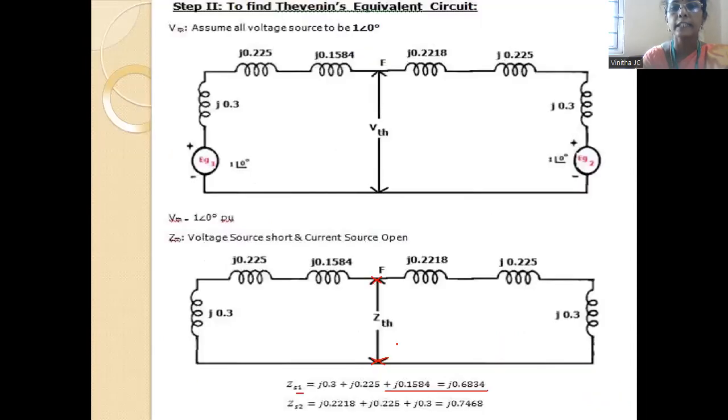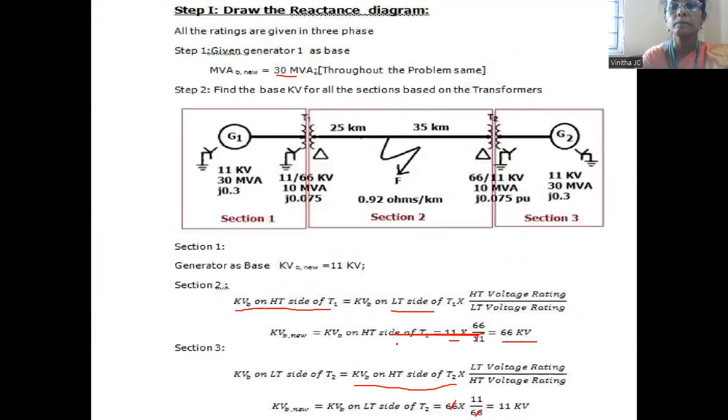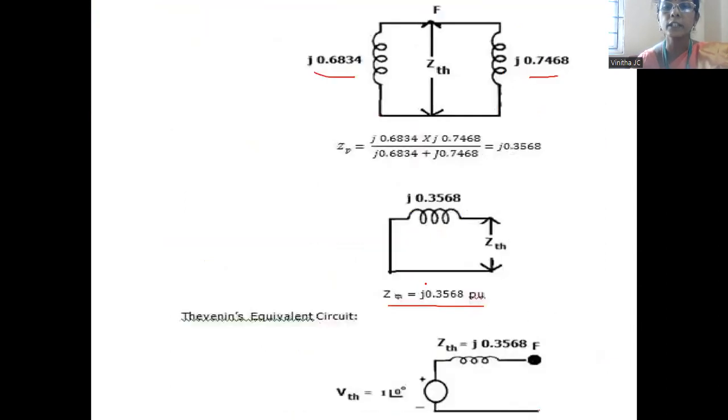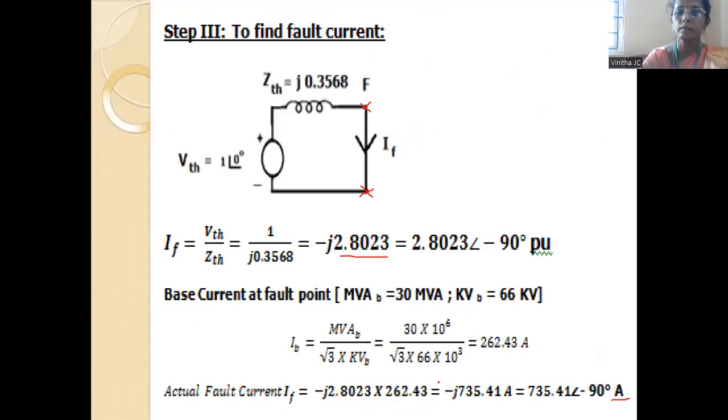What is KVB? Where the fault has occurred. So here the fault has occurred at this terminal. So its voltage is nothing but 66 kV. That voltage we need to substitute: root 3 into 66 into 10 power 3. And here it is 10 power 6. So that we will get the correct answer, because the power is in MVA and the voltage is in kV.